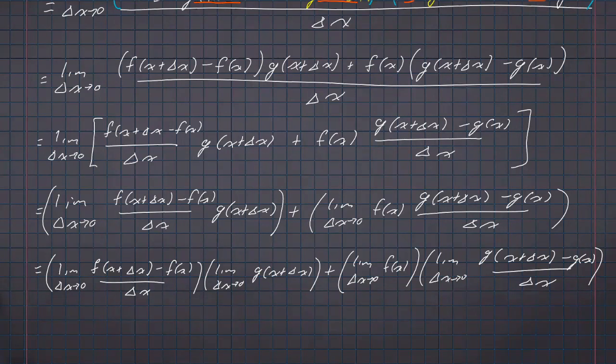Right here again, I'm just taking the limit of the product and splitting it up as the product of the limit on both pieces, here and there.